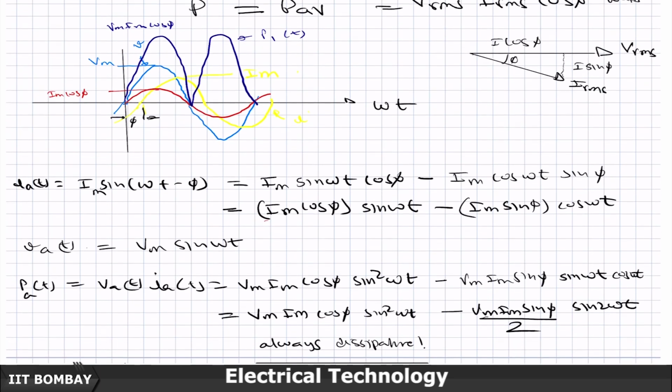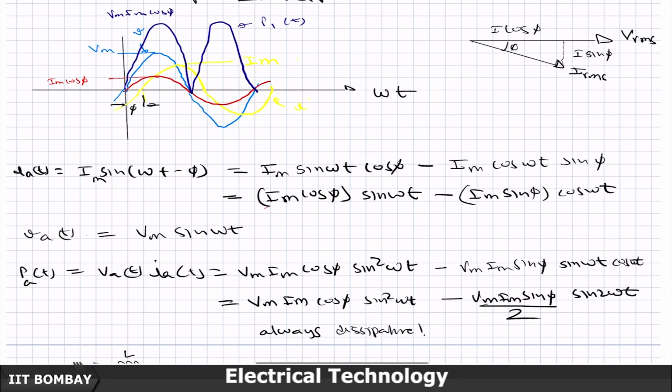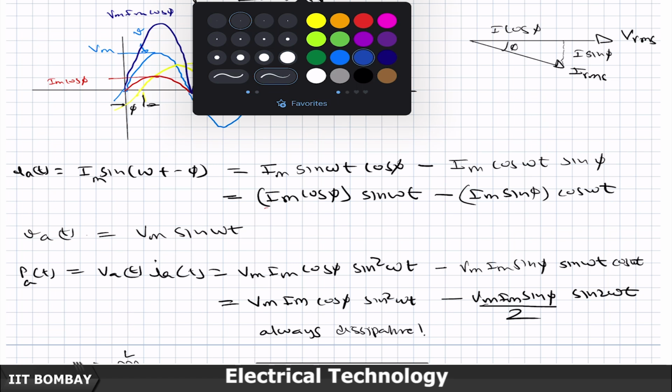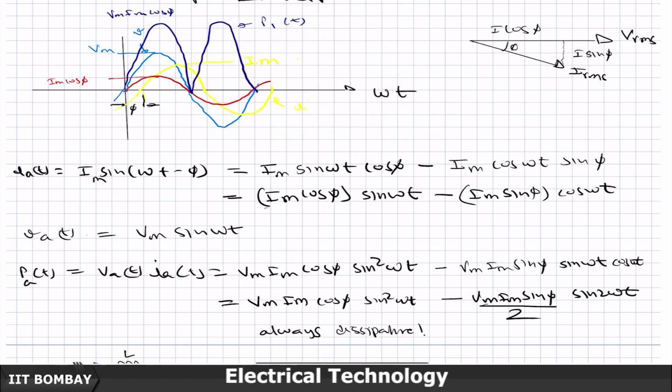So, that quadrature component, let us finish this figure now, will be represented by minus of, you have to reverse the cosine waveform because a minus is there, and set its amplitude to Im sin phi.